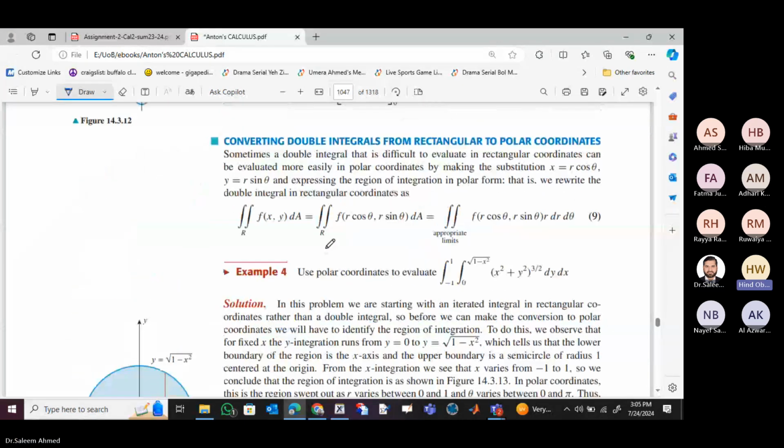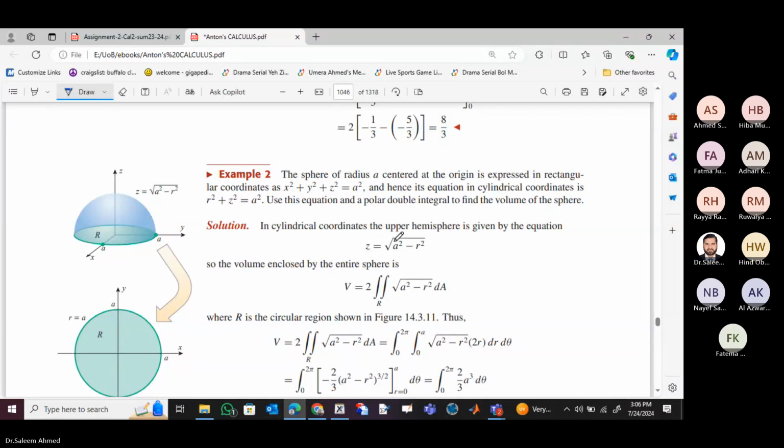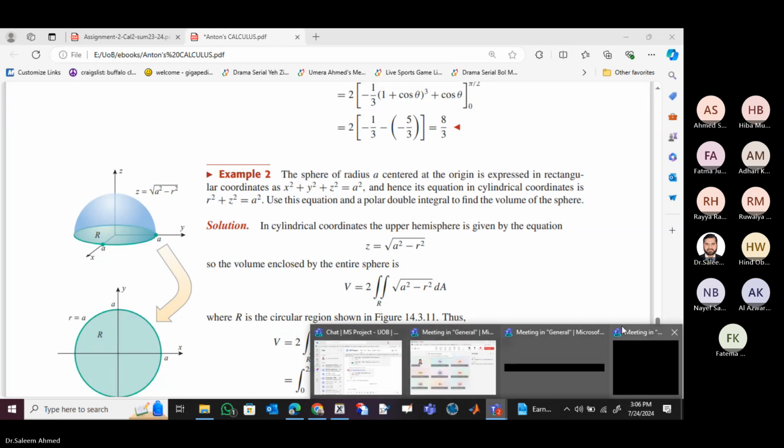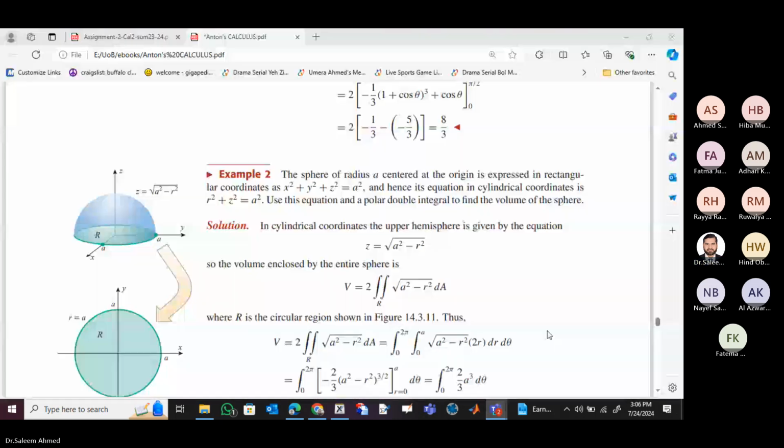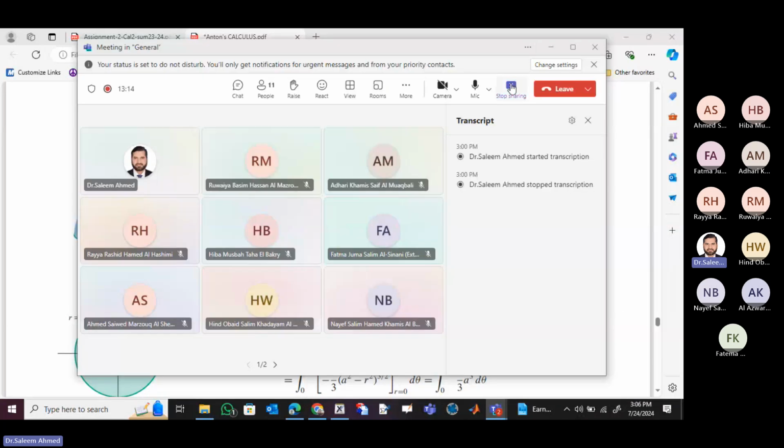Sorry for distracting you, but the screen is not showing to me. Why is it not showing? You know, I'm sharing the screen here. You can see. I can stop and again start maybe.